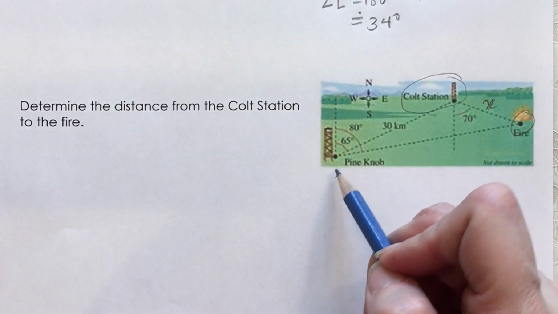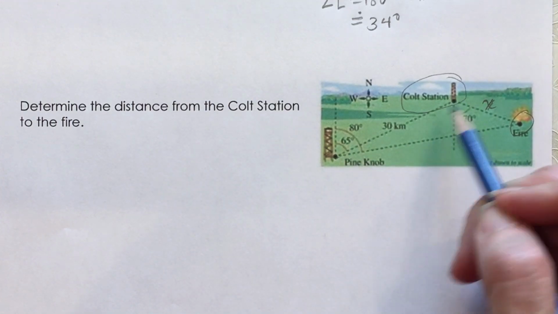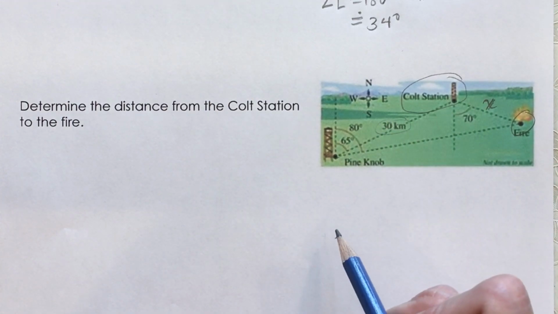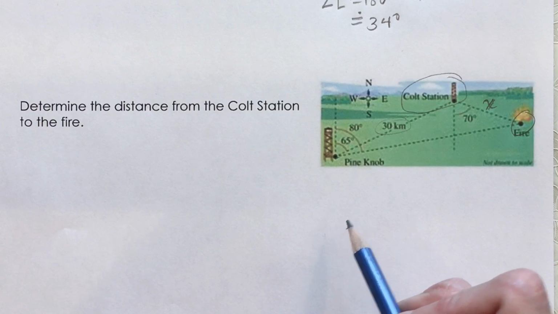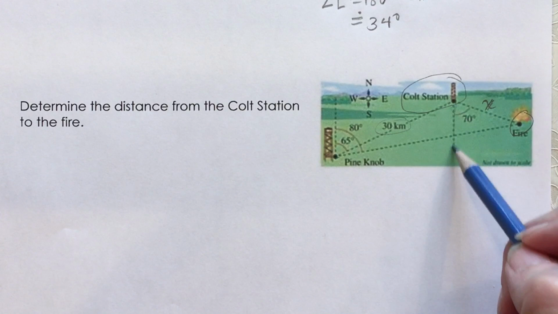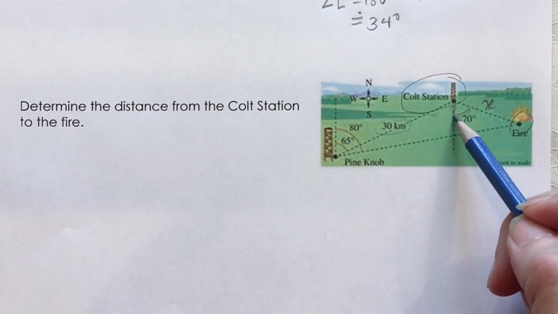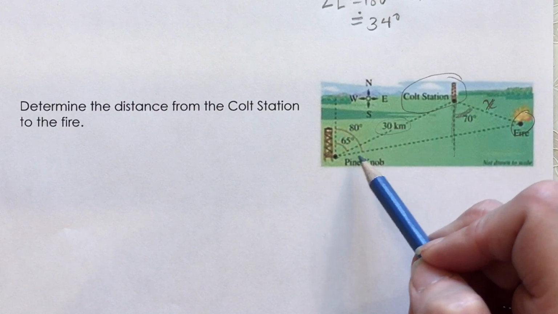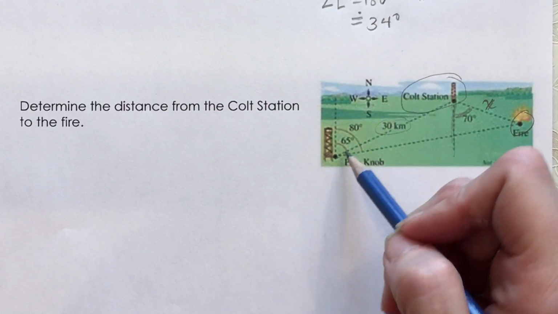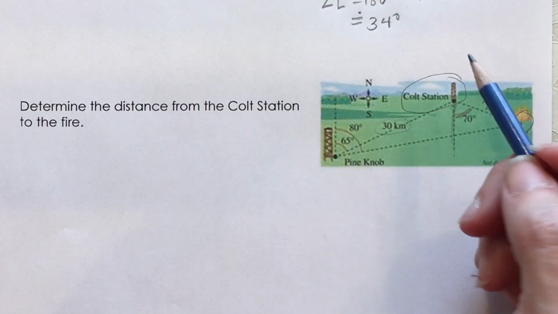We know the distance from Pine Knob to Colt Station is 30 kilometers. And then they give us an angle here between the vertical, like straight down, and the side we're trying to find as 70. And they also give us some angles here from the start.